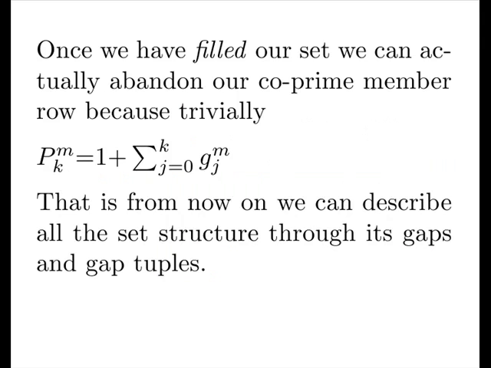Once we have filled our set, we can actually abandon our co-prime member O, because trivially, our kth member is 1 plus the sum of the first k gaps. That is, from now on we can describe all the set structure through its gaps and gap tuples.